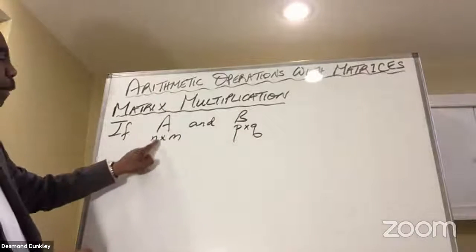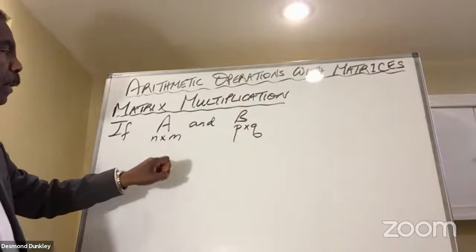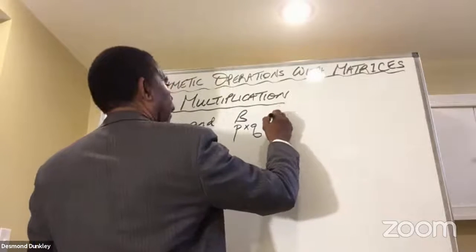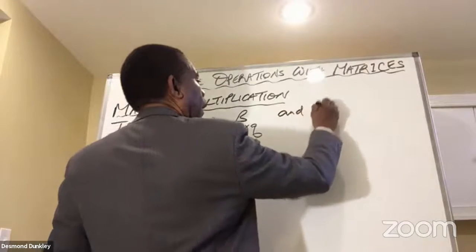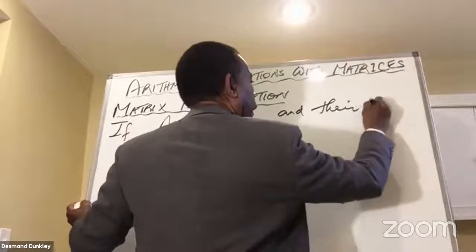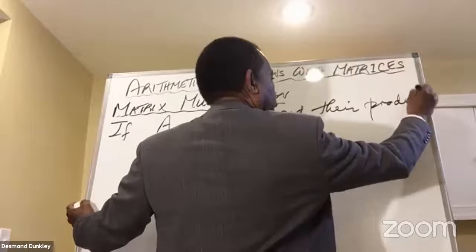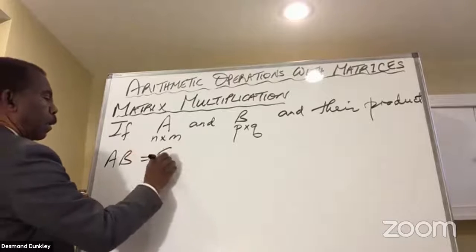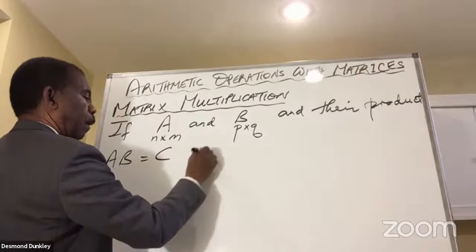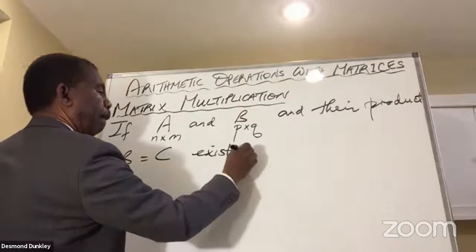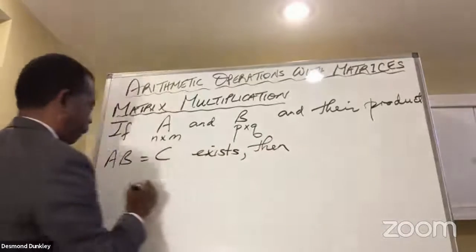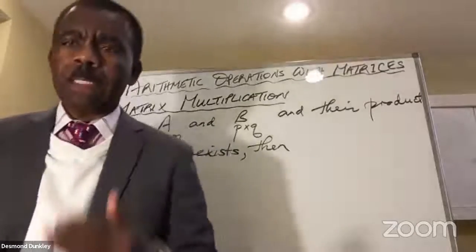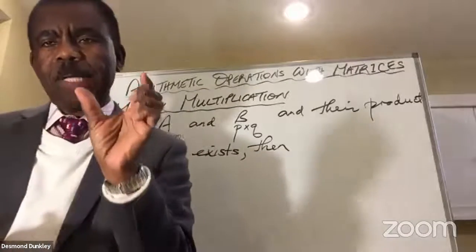So this matrix is n by m, n rows, m columns. This is p rows, q columns. So here goes. I'm going to do it in general terms, and then I'm going to do specific terms.